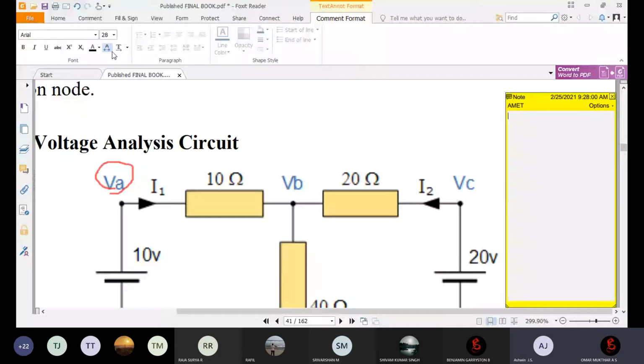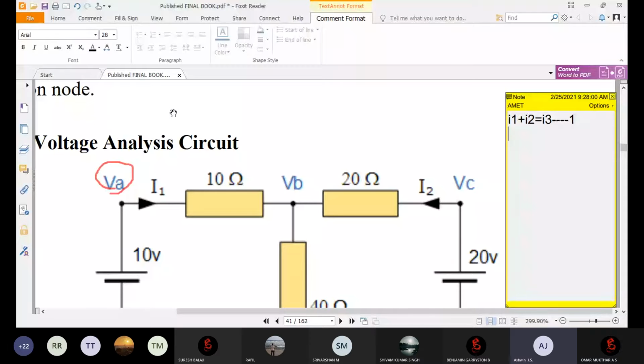Okay, tell me, I1 plus I2 equal to I3. Okay, this is the equation. We'll make it as 1. And next, what is the I1? I1 is 1, sir.